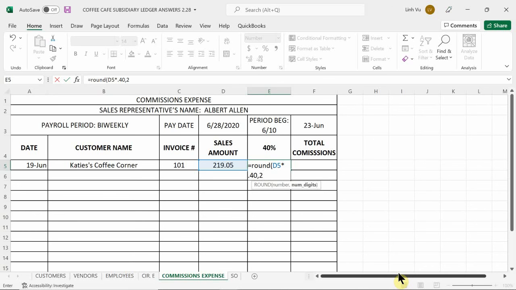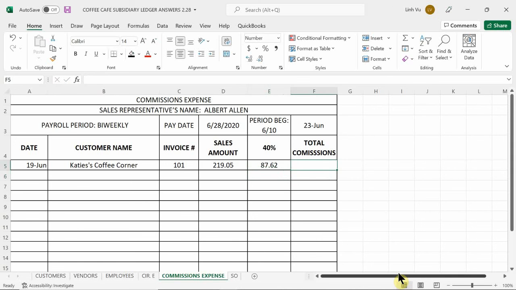Mm-hmm. 87.62. So that means total commissions that he's earned from me so far is $87.62. Right? Awesome. He's working hard and earning the money.